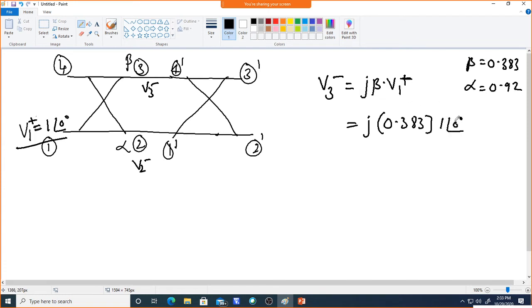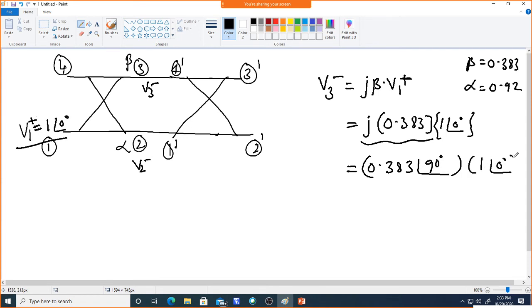This j factor we can write in terms of angle. So this is actually in the rectangular form. If you convert that into polar form, you can put it as 0.383 at an angle 90, and this one is 1 at an angle 0 degrees. While multiplying, you have to convert to polar form and multiply.